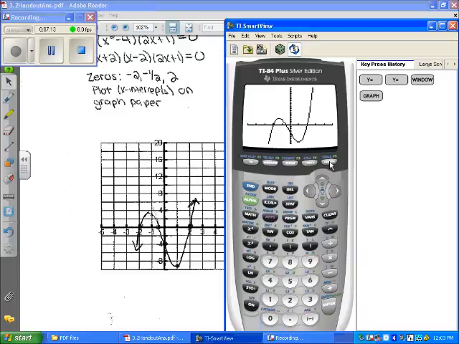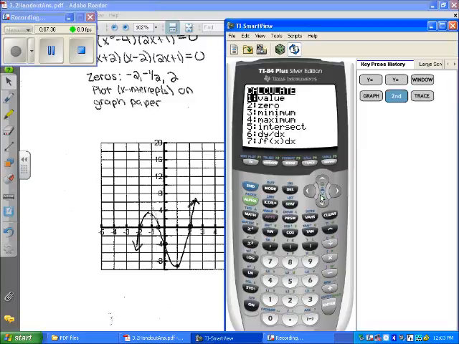If you look at this, there's one relative max. I'm going to mark it. There's one relative max, and there's one relative min, so there's 2 turning points. So we're going to actually find both of those using our graphing calculator. Okay, let's find the max first. The way we find the max is we're going to use our calc key right here. We're going to hit second, calc, max.